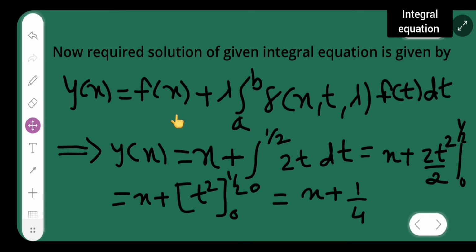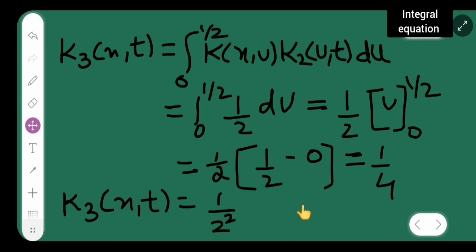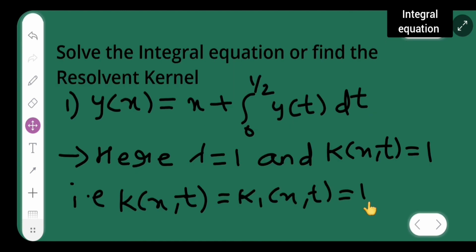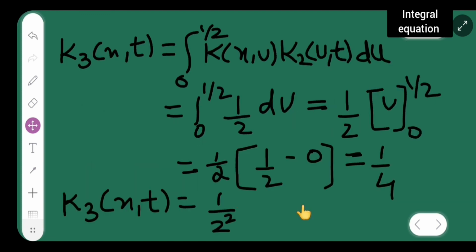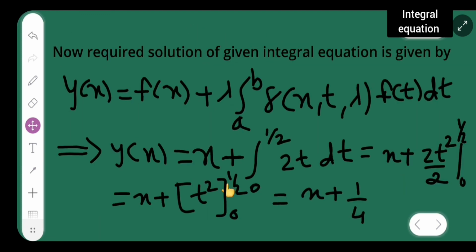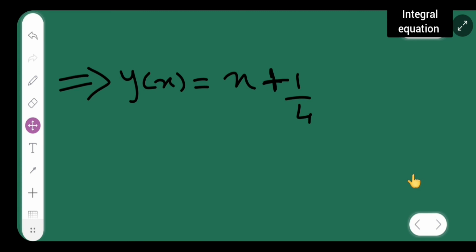Okay, now this implies what? Y of x is equal to, what is my f of x here? In the starting it's given f of x is nothing but x. So you can write down x over here.